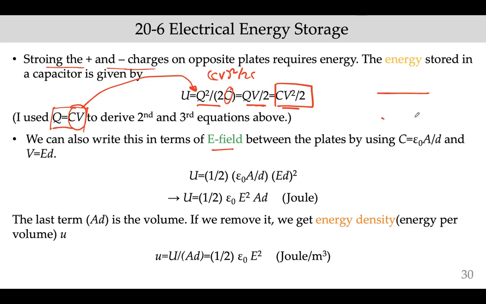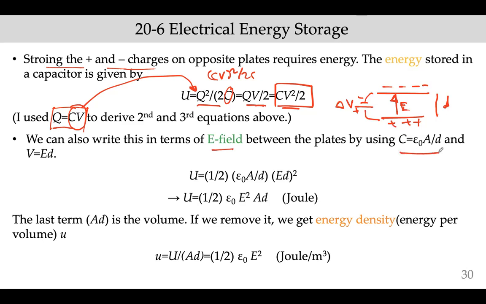We can also write this in terms of the electric field between the plates. Remember, whenever there's a potential difference and whenever there's distance, then there's an electric field. In this case, this is plus charged, this is negatively charged, so the electric field will be in this direction. So we can write energy in terms of the electric field too.